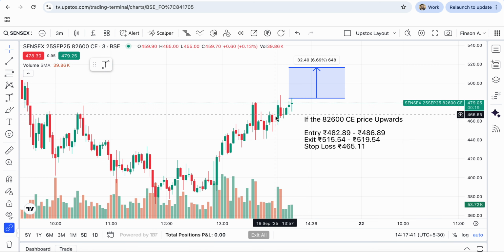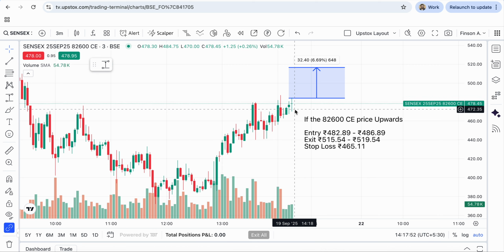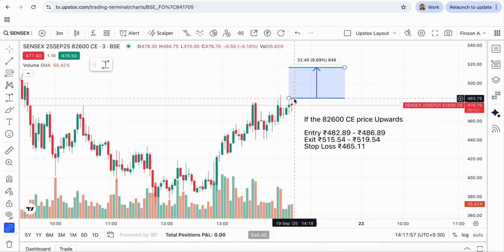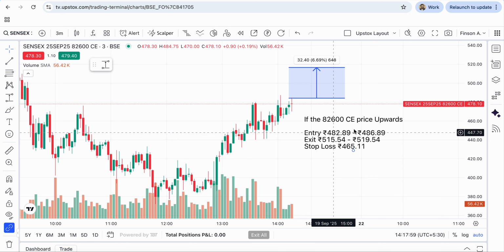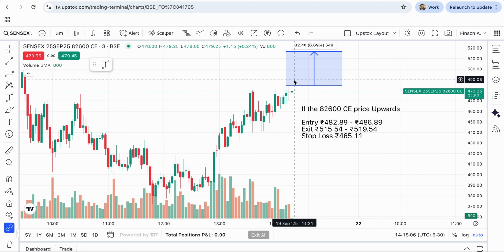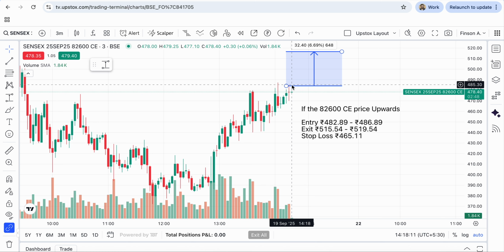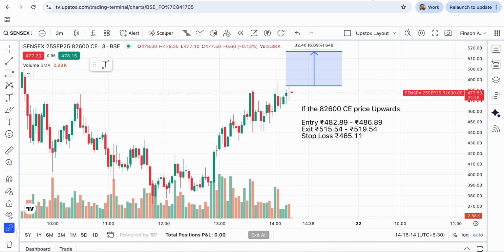We need to check the next 3 minutes candle, 14:18. Maybe that candle is generated in between the entry point, then only we execute the trade. No, also the next candle is not in between. So this is not the right time to enter the market.